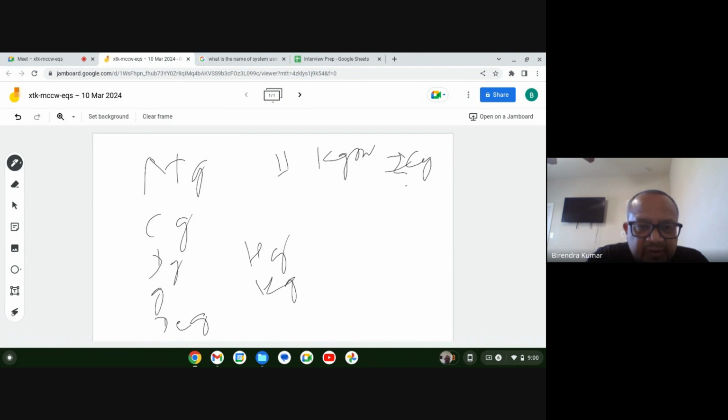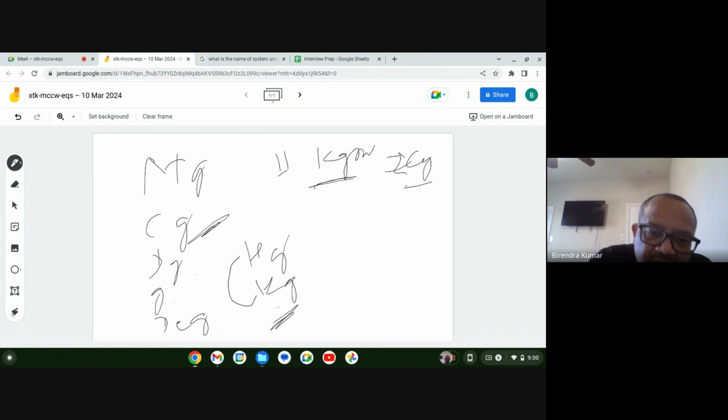We remember the sequence: milligram, centigram, decigram, gram, decagram, hectogram, kilogram. Centigram is here, kilogram is here. We have to convert kilogram to centigram, so let's look at how many hops we need. Kilogram to hectogram, hectogram to decagram, decagram to gram, gram to decigram, decigram to centigram. So we need one hop, two, three, four, five hops.